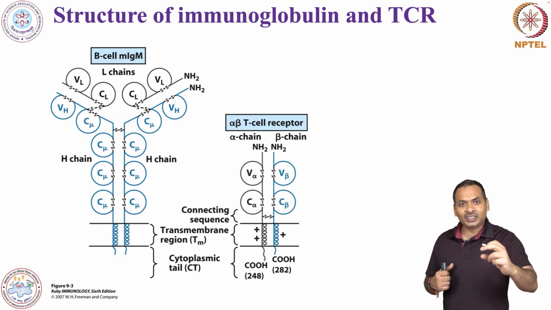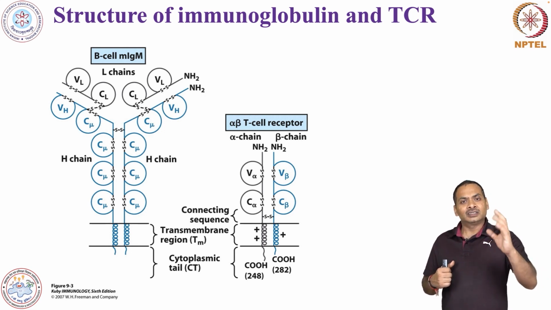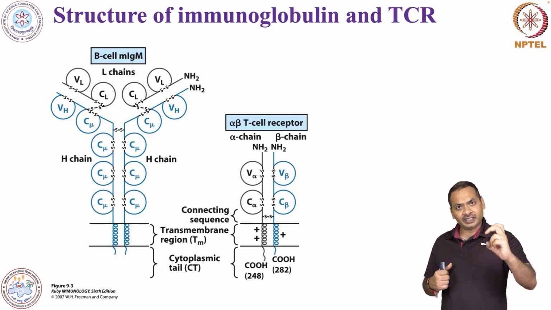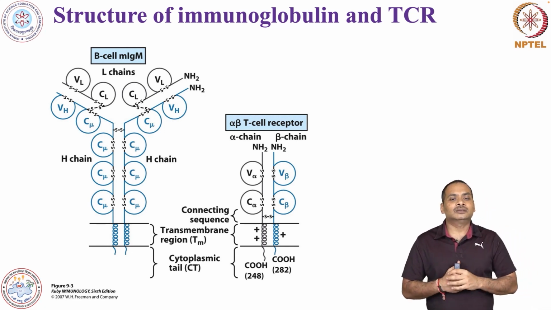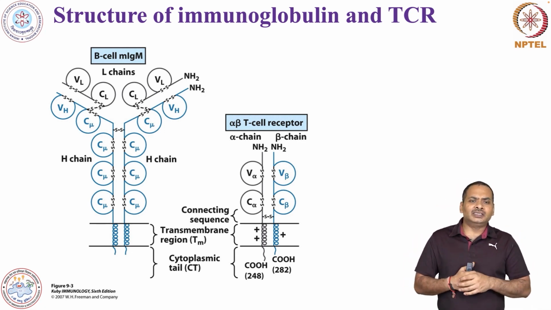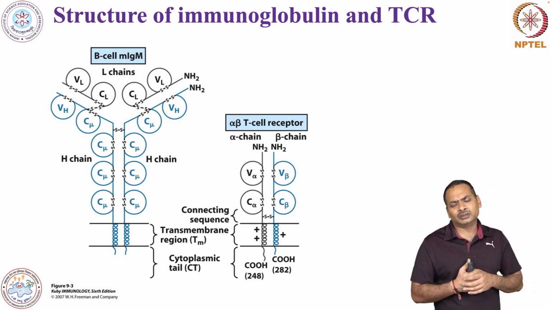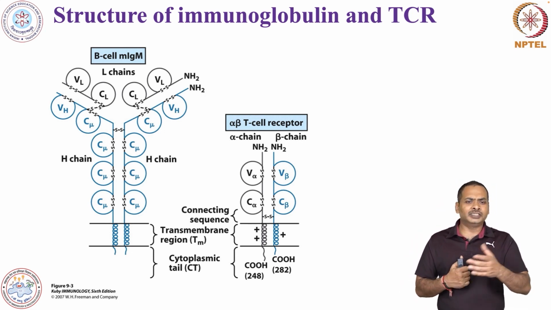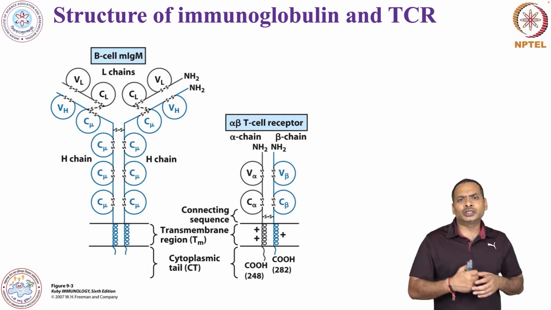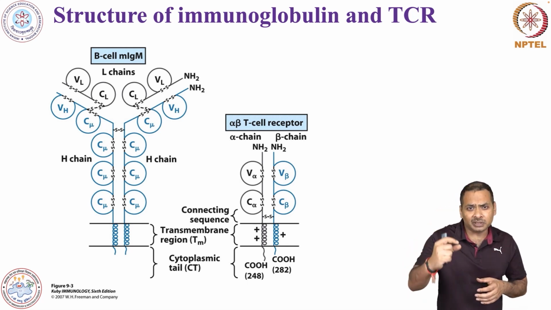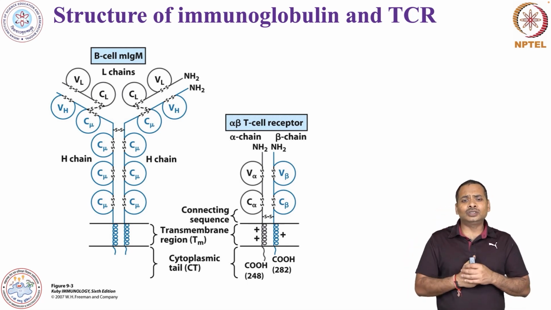So, alpha TCR is like a light chain and it has a variable region as well as a constant region, and beta chain is like a heavy chain in antibody, or IgM, and here also you can notice that there is a variable region and there is a constant region.